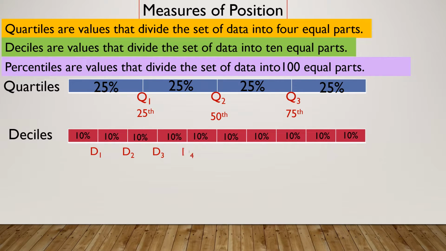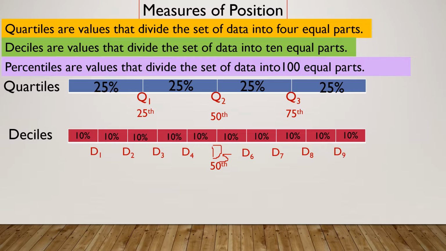So D sub 3 is equivalent to 30th. And here, this is D sub 5 or 5th decile. And that is equivalent to the second quartile, which is the 50th value.